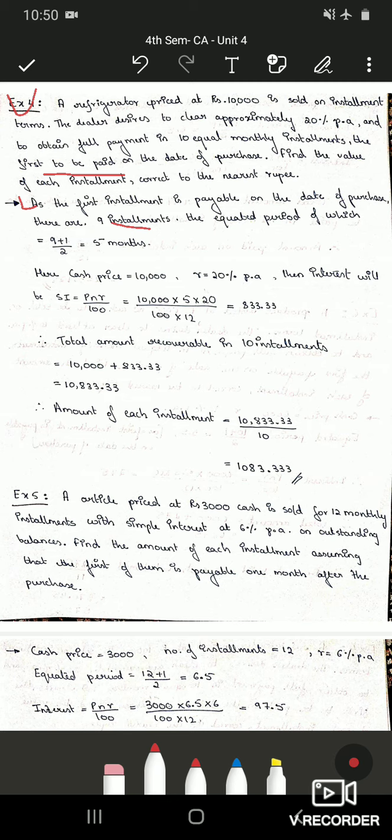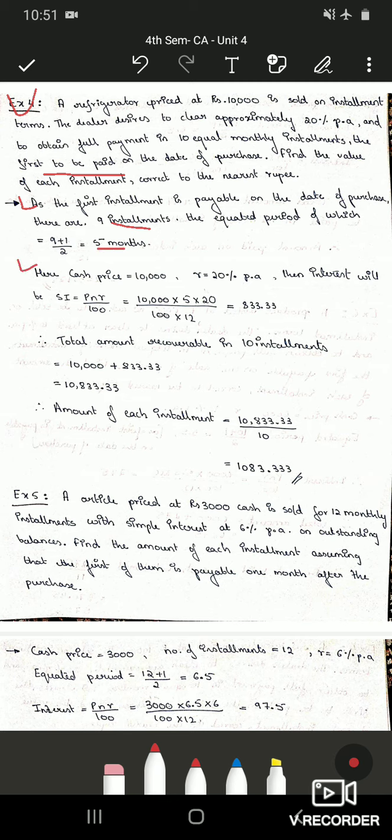Whenever they give installments wherein the first is to be paid on the date of purchase, you have to take the equated period for 1 less than the number of installments given, because the first installment you're paying on the date itself. So remaining 9 installments, you have to calculate the equated period when n is 9. So when n is 9, the equated period will be 9 plus 1 by 2, so it is 5 months.